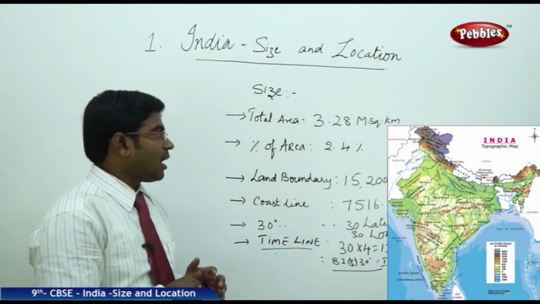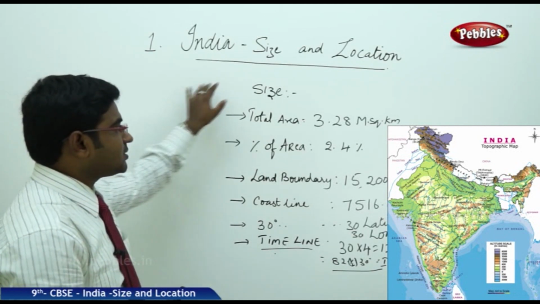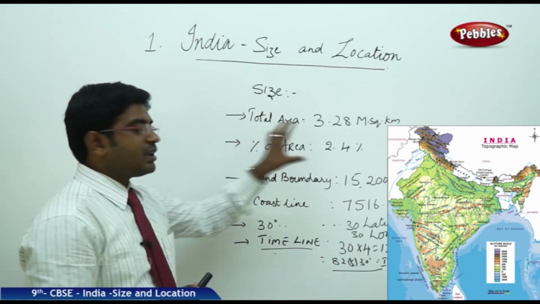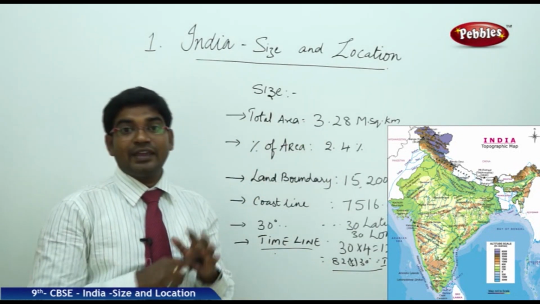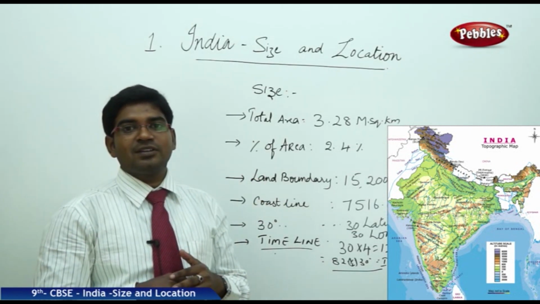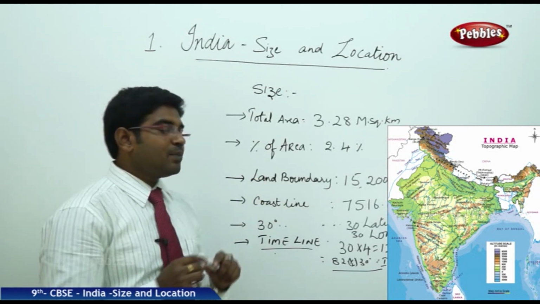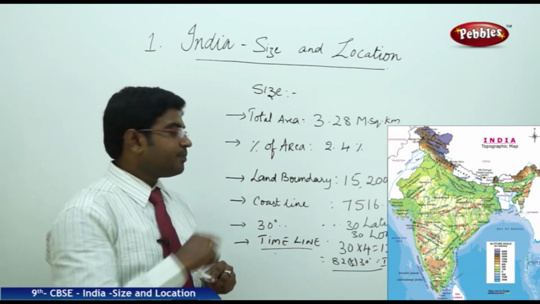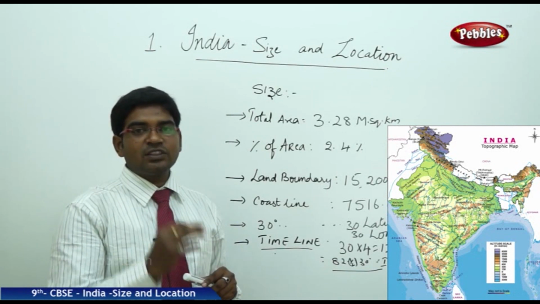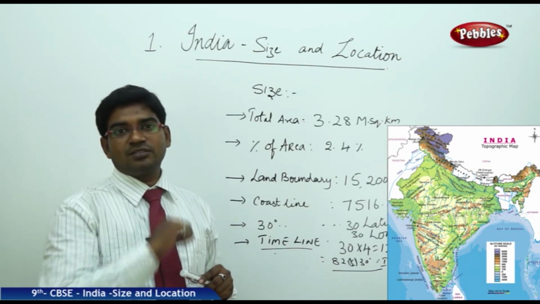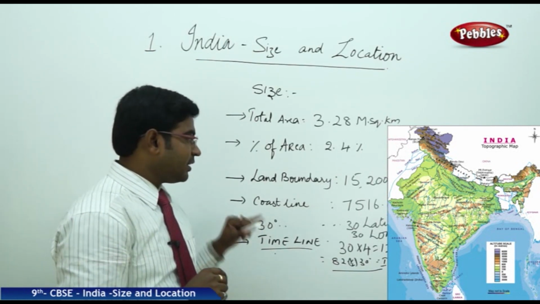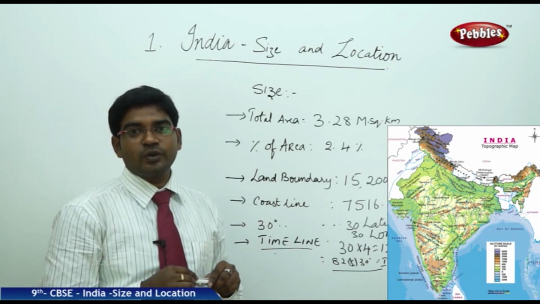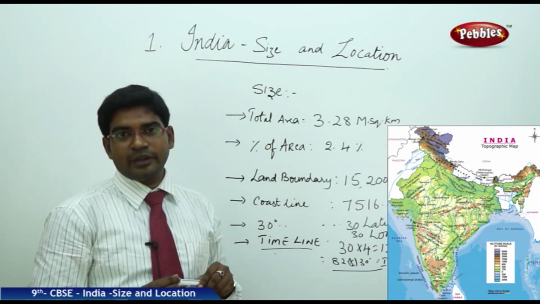So let's have a brief recap. The total size of India is 3.28 million square kilometers. The percentage of area it covers is 2.4 percent of the entire geographical area of the world. Then the land boundary of India is 15,200 kilometers, while the coastline boundary is 7,516.6 kilometers. 30 degrees is a significant number for us because 30 longitudes pass through India, and 30 latitudes pass through India.